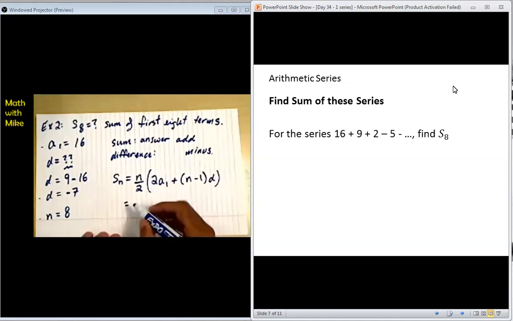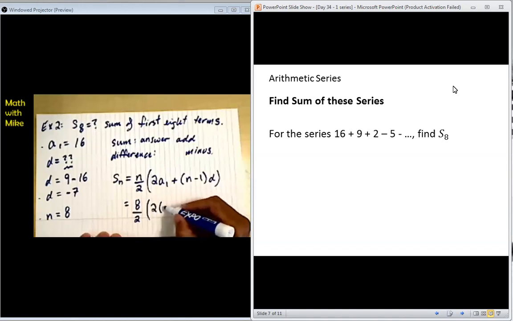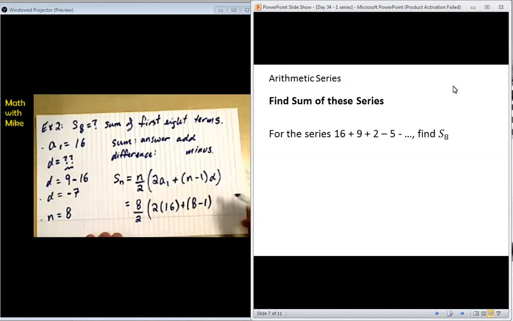So N is 8 again, huh? Okay. Not very original, given the last question. That's okay, though. 16 for A1. 8 minus 1 there. This D is how much? Minus 7.